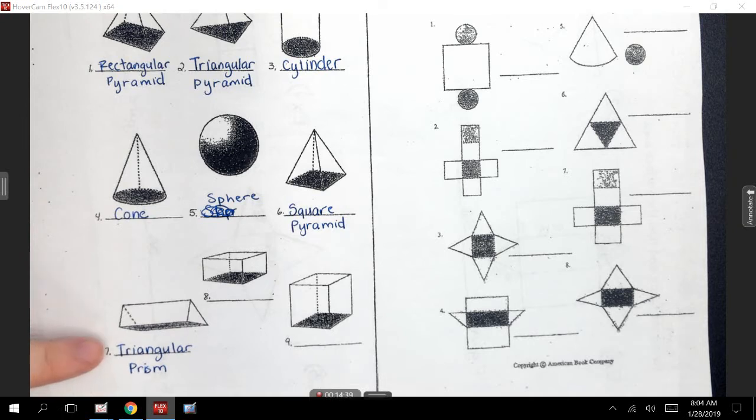Okay, it has triangles. That's why it's triangular. But why is it a prism? Why is it not a pyramid? Gabe, help me out with that. It doesn't make a point. Is there one little point where everything goes to? No, this is a stretched out triangle.